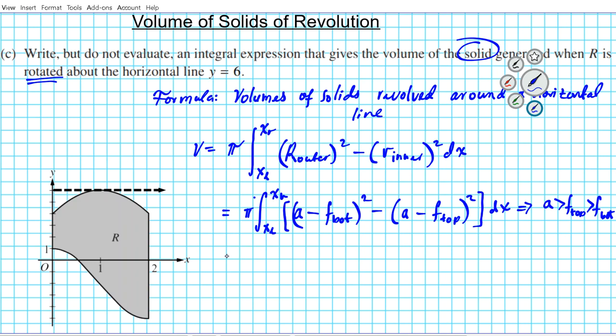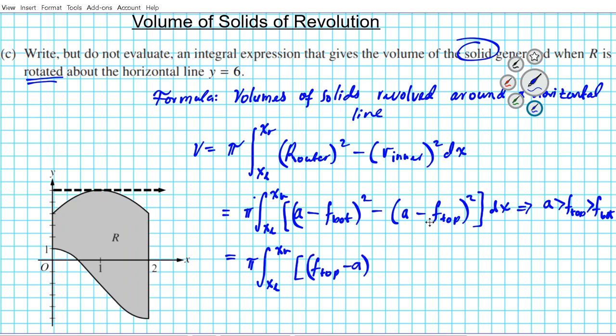Now what if you have a scenario where your axis is underneath the region? In that case, we just interchange the expressions in the parentheses and interchange our radii. So it becomes pi times the integral from x left to x right of f top minus the axis.